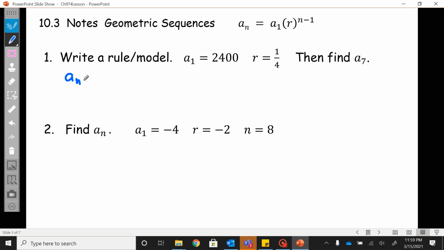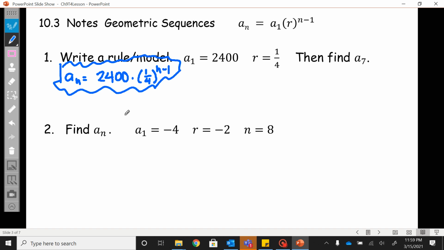Okay, so a sub n is equal to the first term, which in this case is 2400, times the ratio, which is 1 over 4, to the n minus 1 power. All right, so that's the formula. And I can use this formula to find any term.